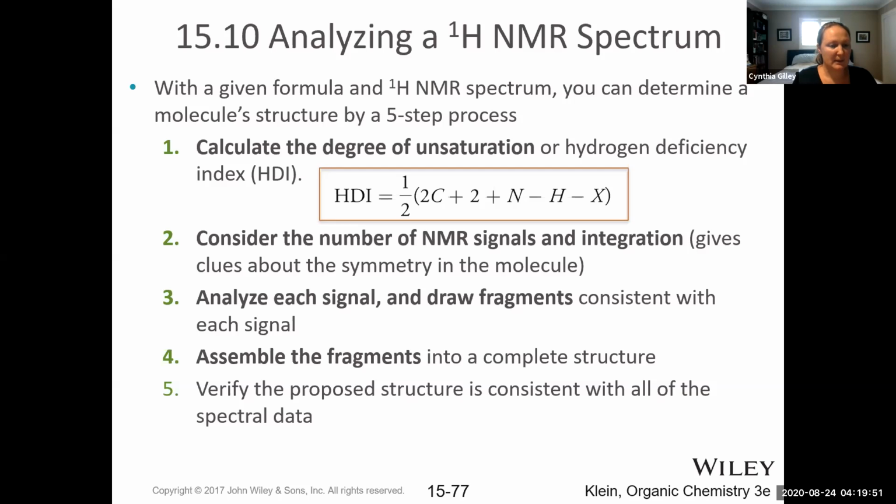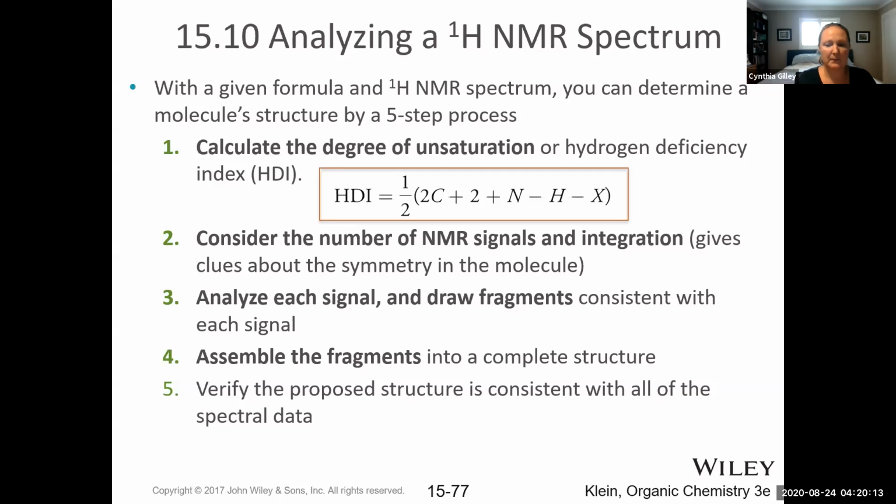Okay, step 3: analyze each signal and draw fragments consistent with each signal. The way I like to do it is I look at a signal and start with the integration. If it integrates for 2 hydrogens, I write CH2. If it integrates for 3, I write CH3. If it's 1, I write CH.